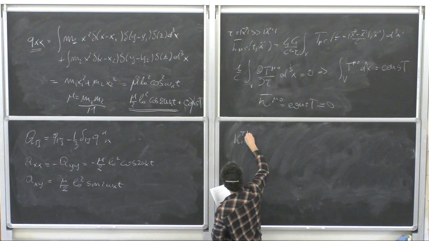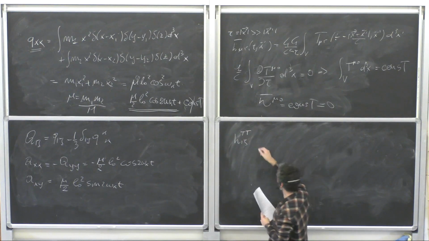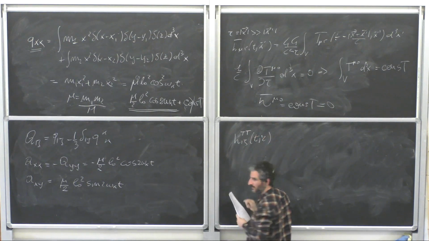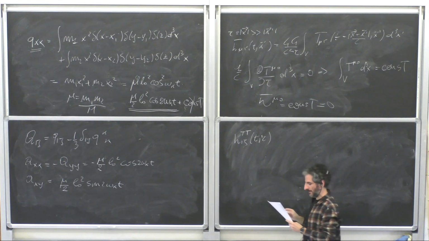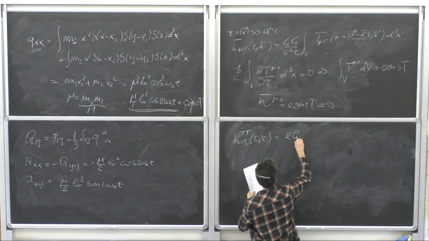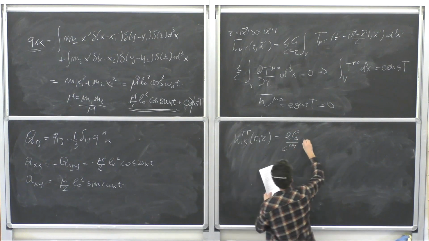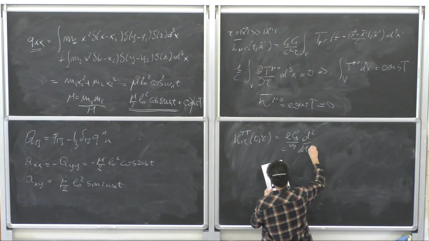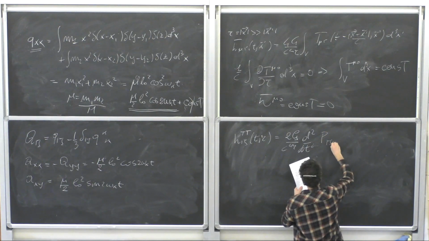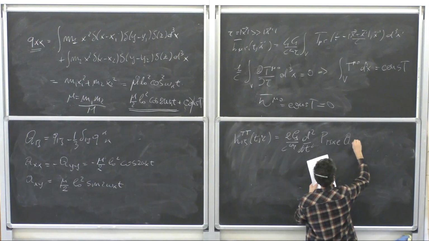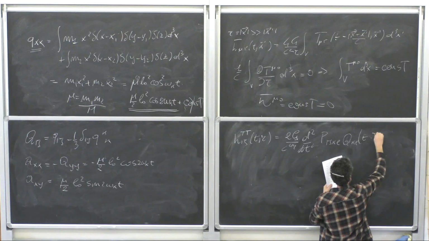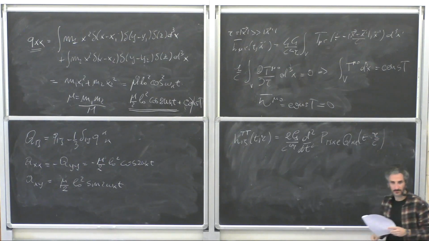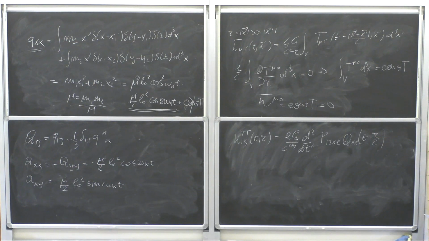And then in the TT gauge, our spatial components are going to be 2G over c^4 r, d squared over dt squared, and then Lambda_ij,kl, Q_kl at time t minus r over c. This is what we've written before.